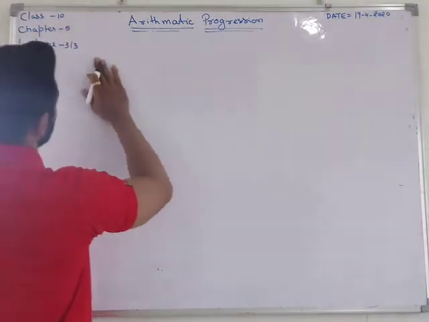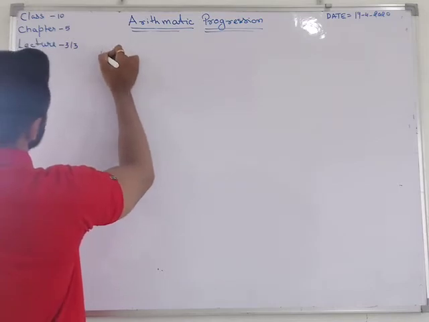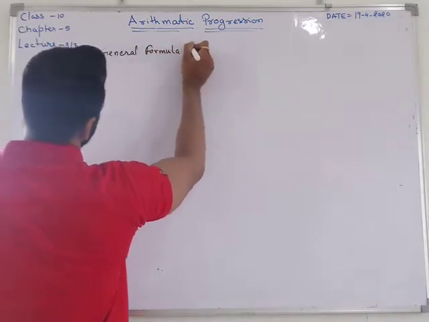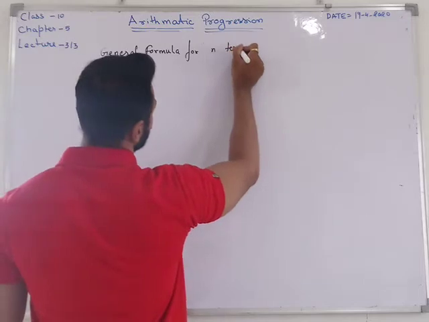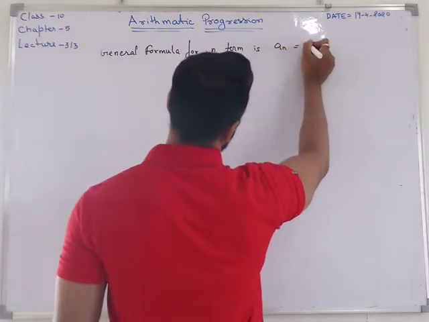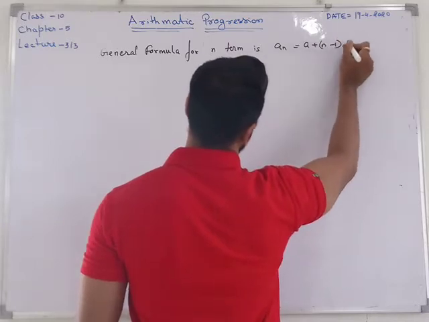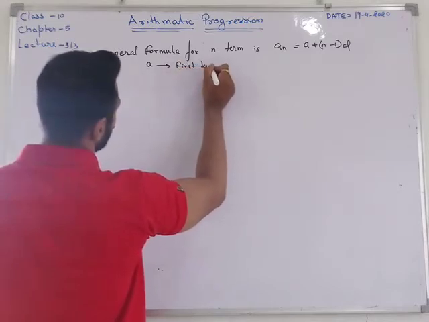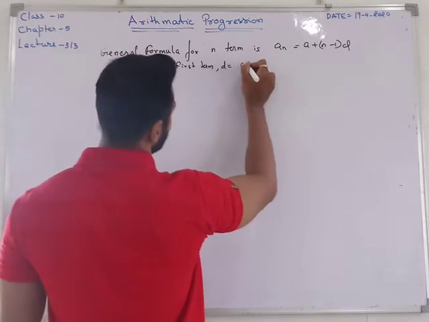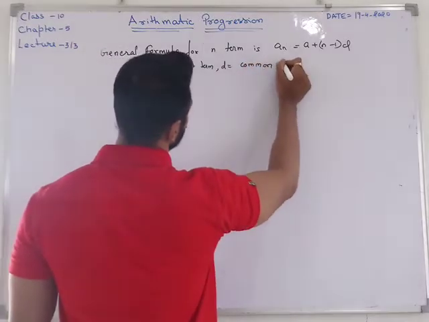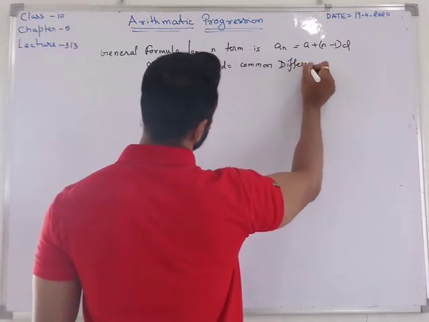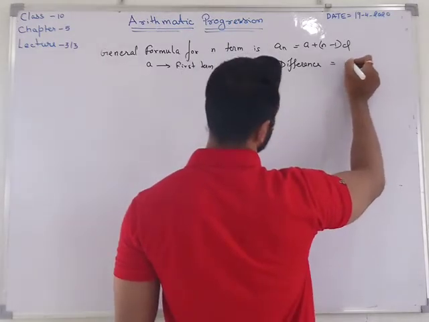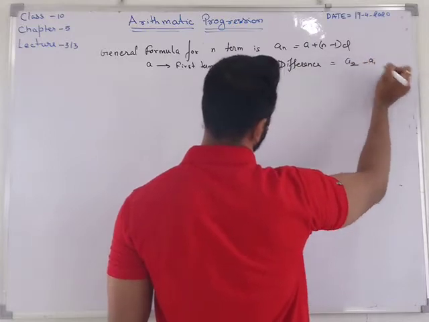In the previous class, we have seen that the general formula for nth term is an is equal to a plus n minus 1 into d, where a is the first term and d is common difference, which we can find out by subtracting two consecutive terms, a2 minus a1.